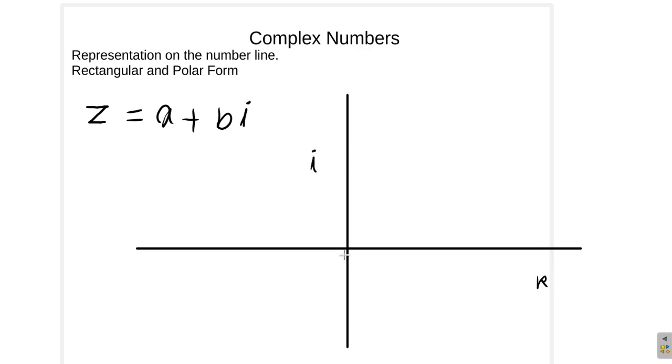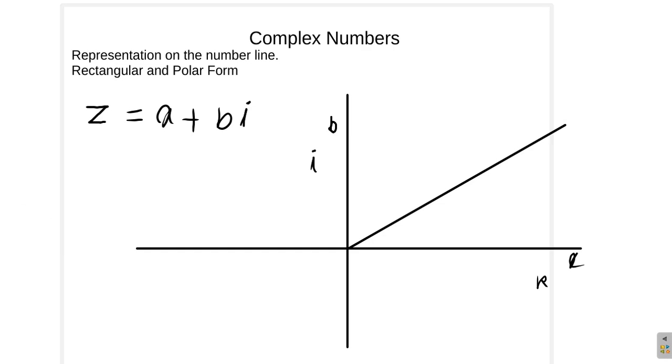All right, so we locate a, if a is here and b is here. Let's put a out here. All right, so we locate a, I'll go up to b, so we have bi, right?